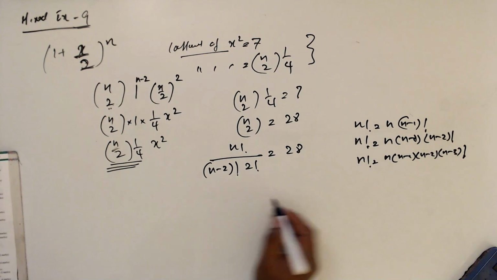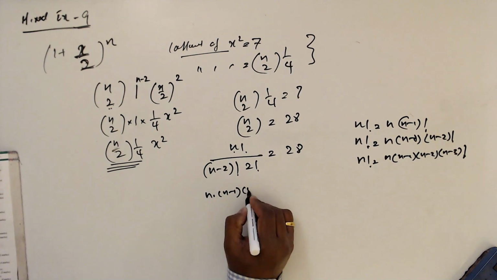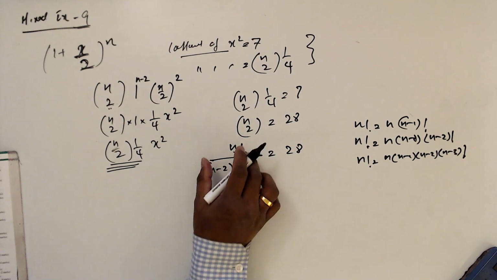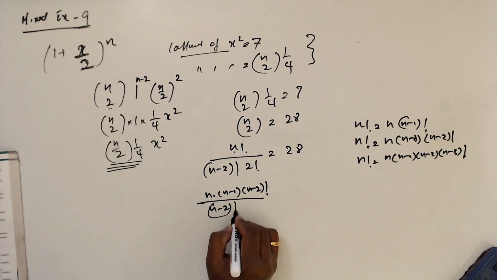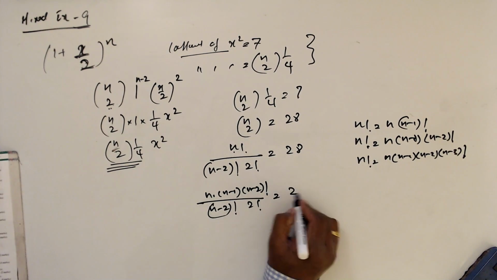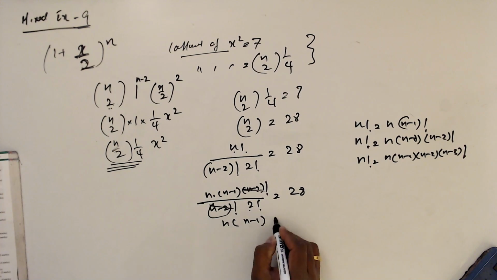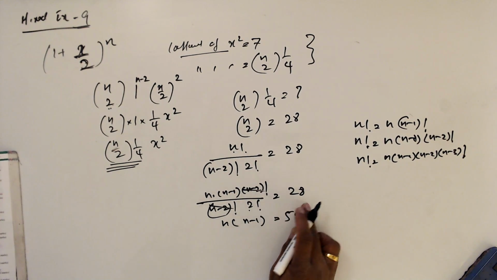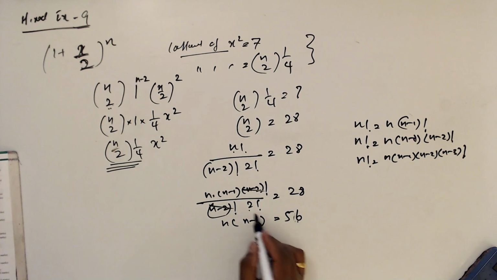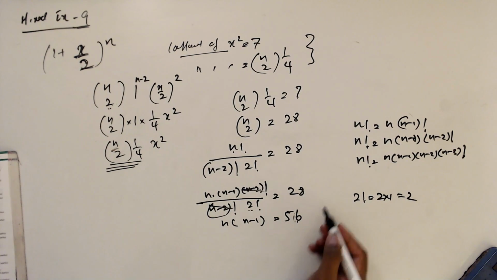So I'm going to write n times (n − 1) times (n − 2) factorial. I have (n − 2) factorial in the numerator, so I can cancel that out, equals 28. Factorial 2 is 2 times 1, which is 2. That's why I cross multiply. So n times (n − 1) equals 56, since 2 times 28 is 56.